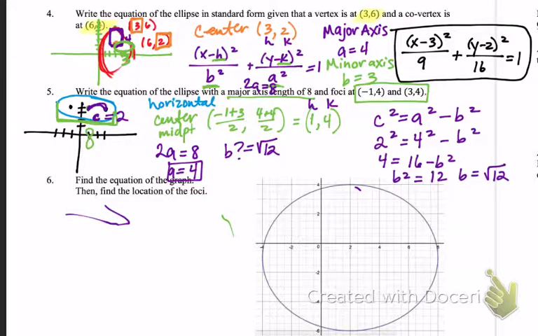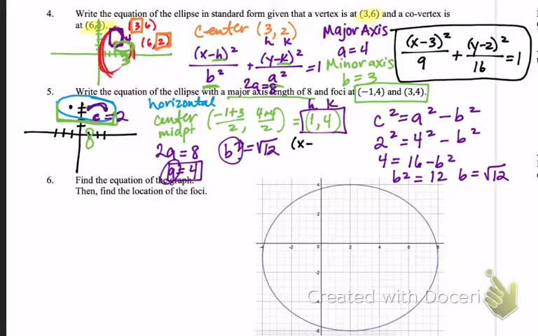And so then all I need to do is plug in A, B, H, and K into the standard formula. I can erase all of that. Since it is horizontal, that means that A is going to go under the x squared.